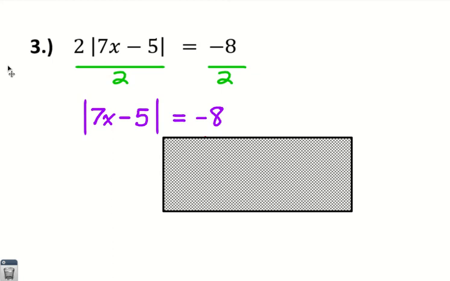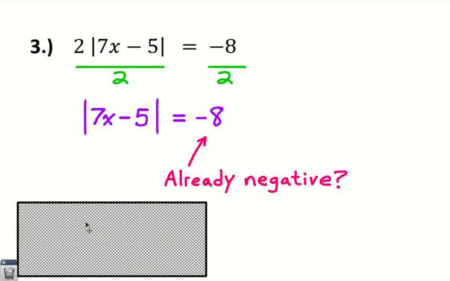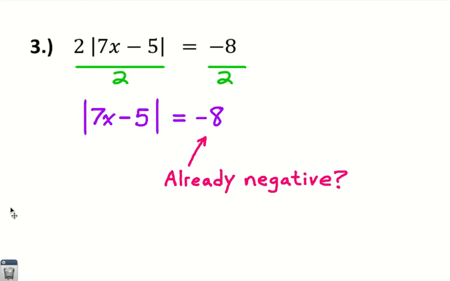And now, normally we would pull the trigger on the two cases, right? But if you've noticed, it's always been the positive case, and then the second case is the negative case. This 8 is already negative, or the negative 8 is already negative.